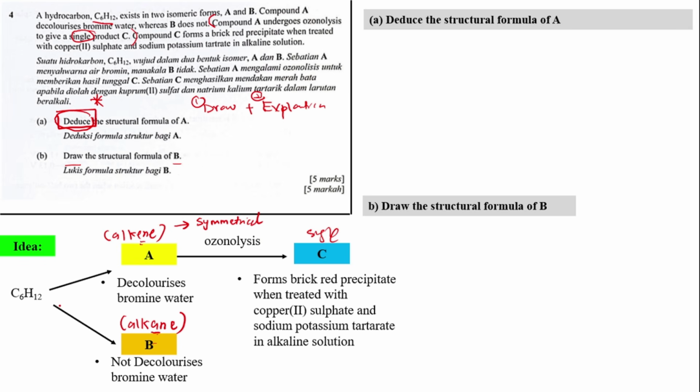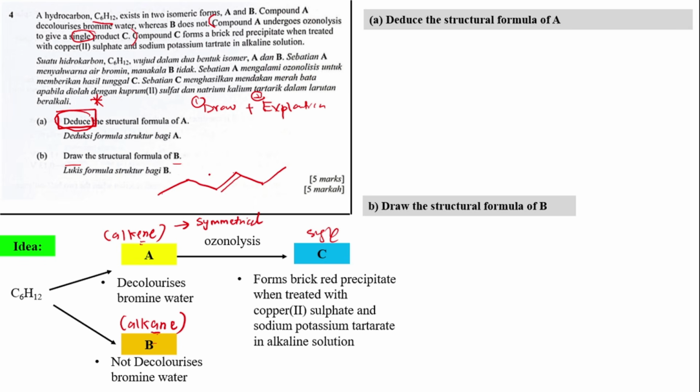So let's say you have C6H12. You're going to have 1, 2, 3, 4, 5, 6 carbon. So you know that the carbon-carbon double bond is going to be at the center.